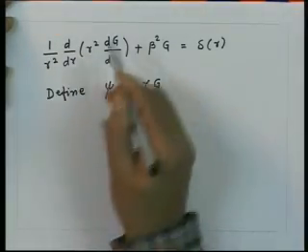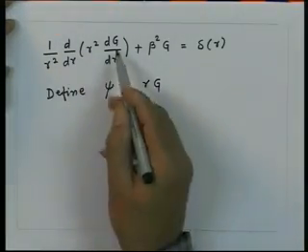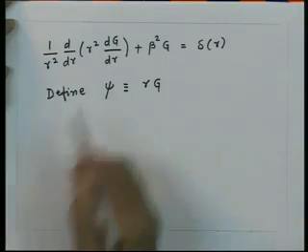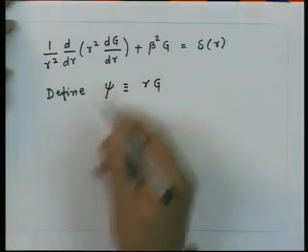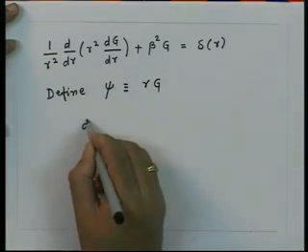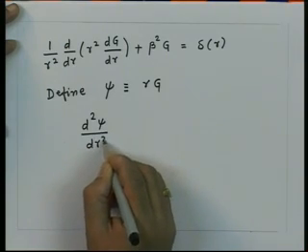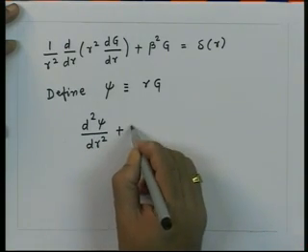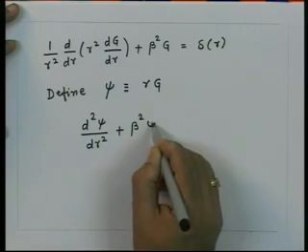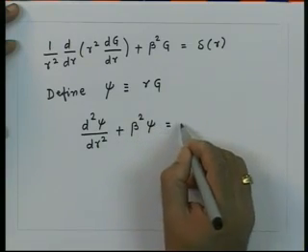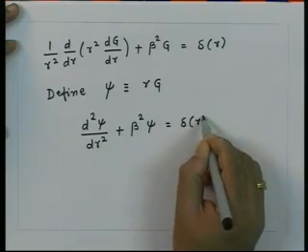If I differentiate this quantity and replace g with psi upon r, this equation will reduce to d2 psi upon dr square plus beta square psi equal to delta of r.